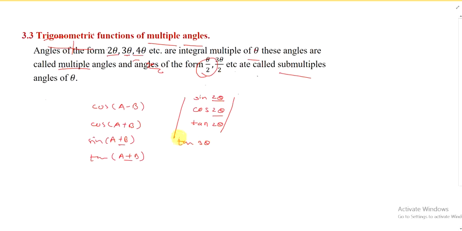Remember students, these formulas are too important and too easy to prove. If you remember these formulas, then your 11th as well as 12th becomes too simple and too easy to learn. So don't be afraid, and try to prove it independently, and you will do that.